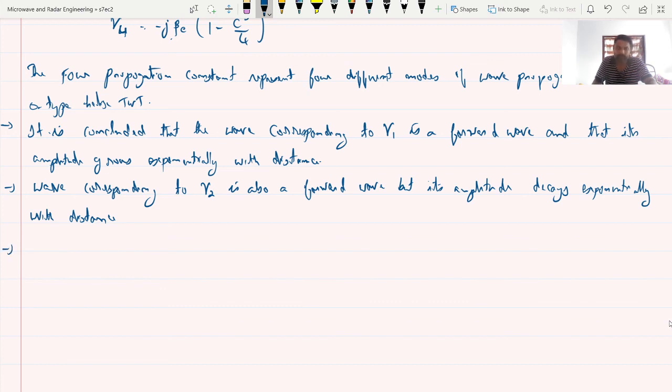The third point: gamma 3 is also a forward wave, but its amplitude remains constant.